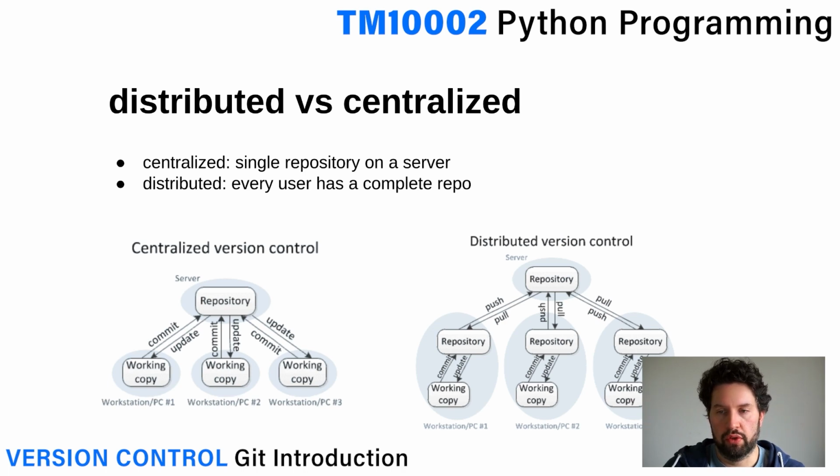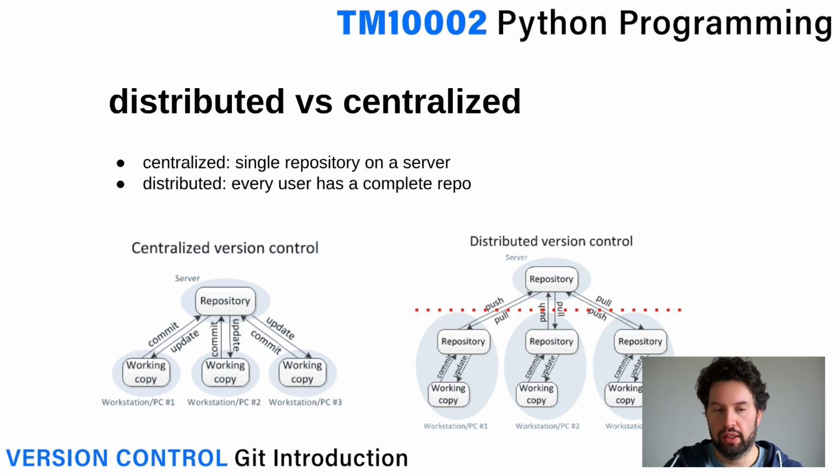We have one repository and all collaborators have a working copy on their workstation or PC or laptop, what have you. On the right side, we see a distributed version control system. There, basically, everyone has a complete copy of the repository. This is something that is used more and more often, and basically this is now the most commonly used type of version control system that is out there.